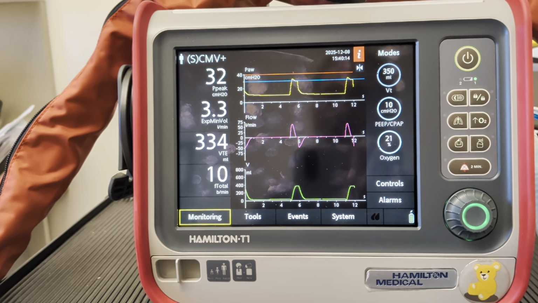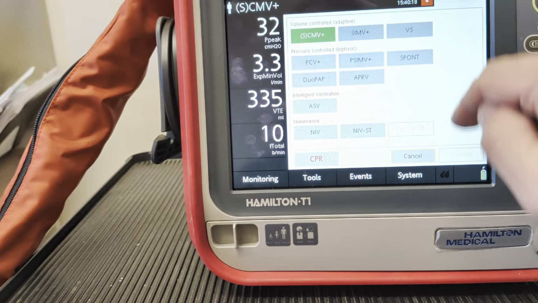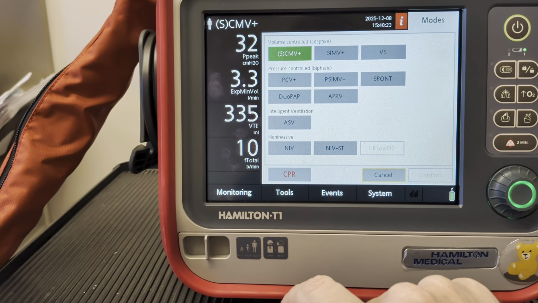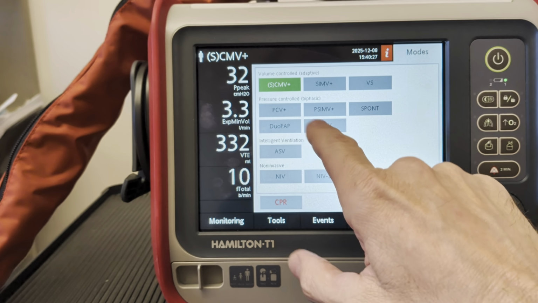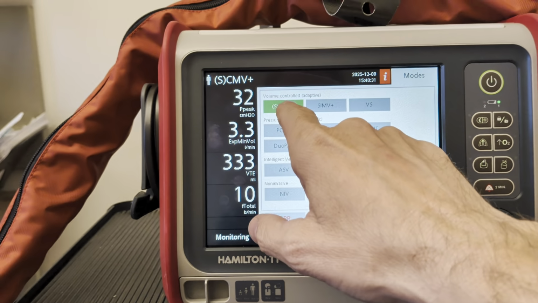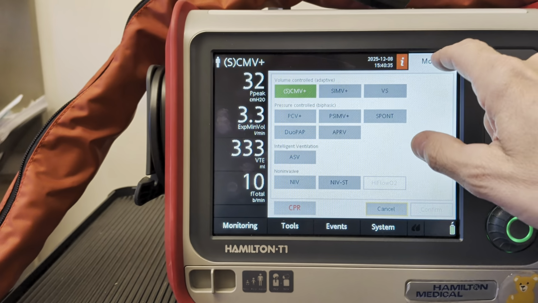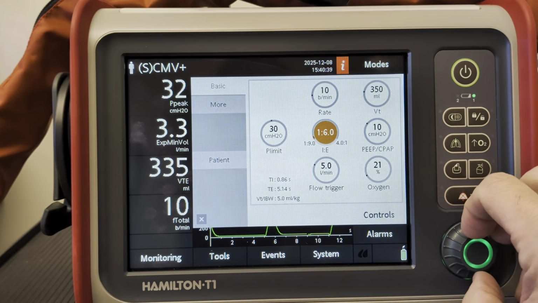There are some specialized modes where you can do this. And you can also do this in your more conventional modes of ventilation, right? I'll talk about APRV specifically in subsequent videos, but just in your CMV or your PCV plus, you do have the ability to do what's called inverse ratio.